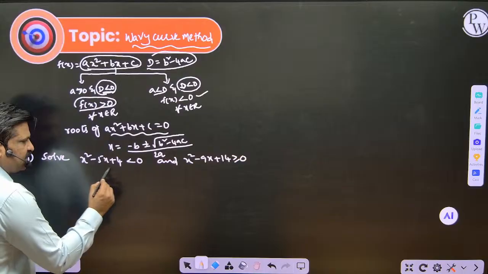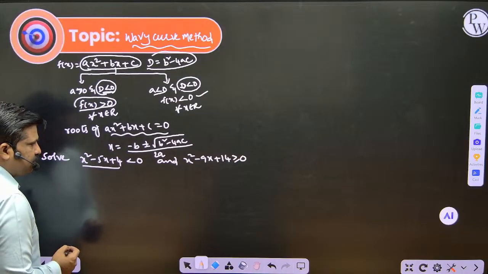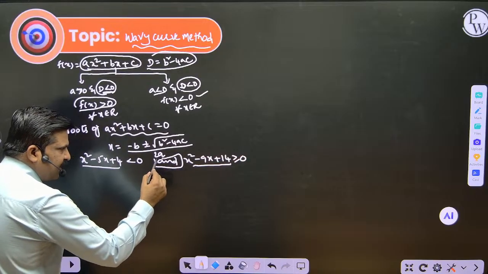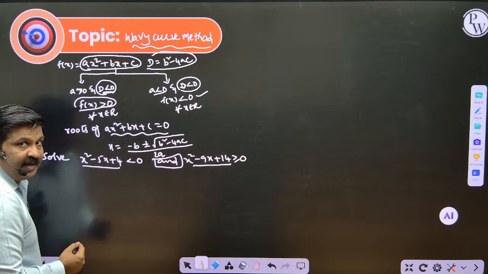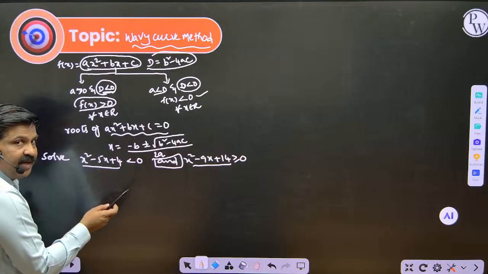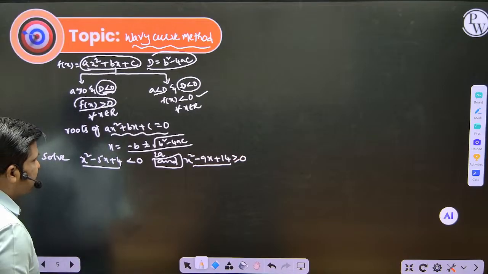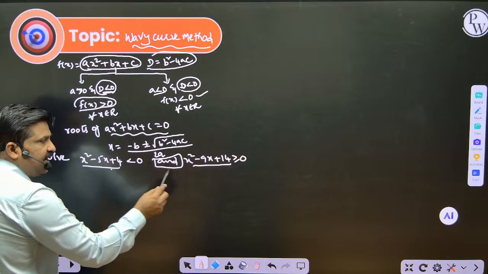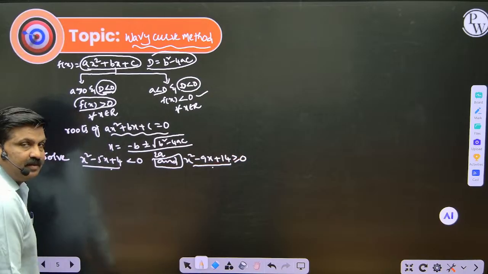You want to solve this inequality and this inequality. But in between, what is there? The connecting word is 'and'. So that's why you take the common part of this solution and this solution.